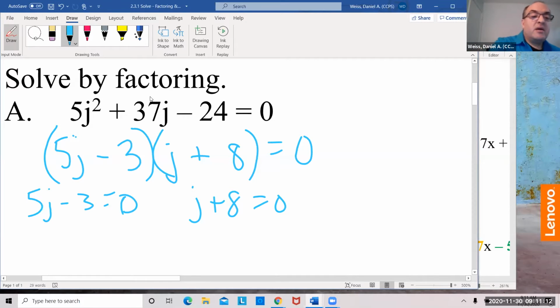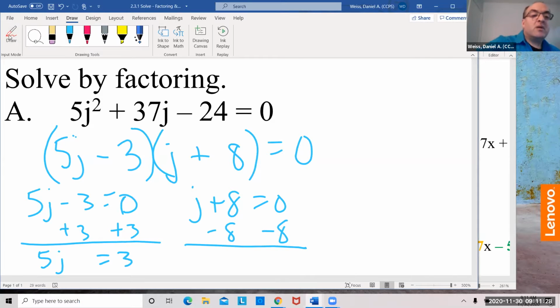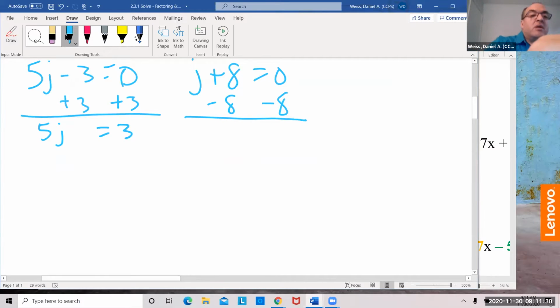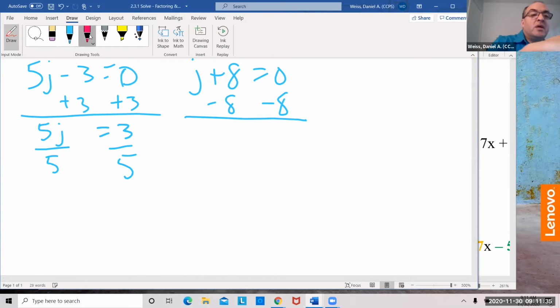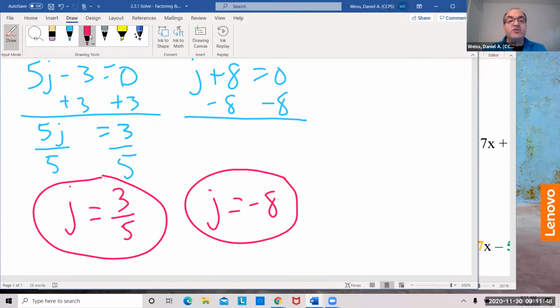Okay. Add 3 to both sides. 5j equals 3, minus 8 to both sides here. And divide by 5 over here. And you get j equals 3/5, and j equals -8. That's how you solve by factoring.